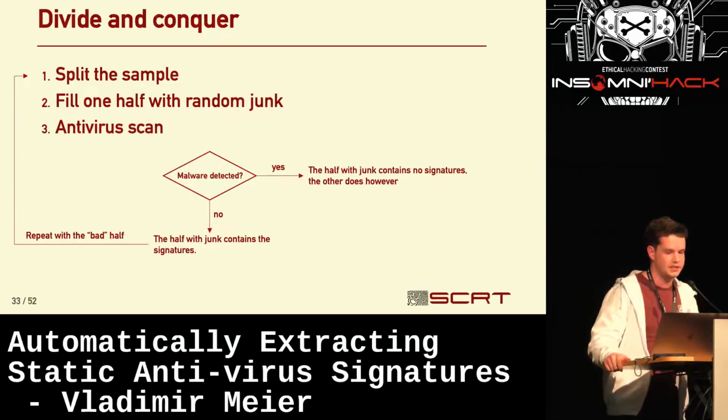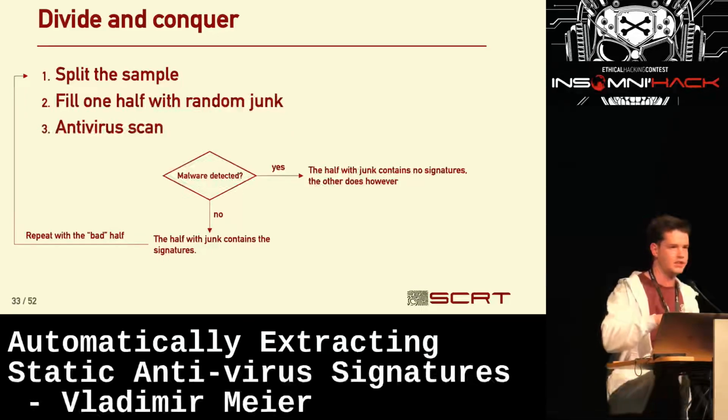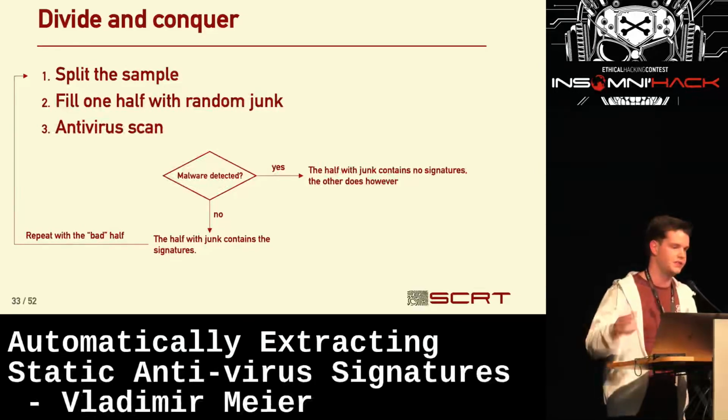If the file is detected as malware, it means that the half you filled with random junk was not relevant for the antivirus. But the file that was left intact sufficed to trigger the antivirus detections, so you will concentrate your efforts on that. And you repeat that process by splitting the half that was left intact, one half with junk data, one half left intact, and you repeat that process.